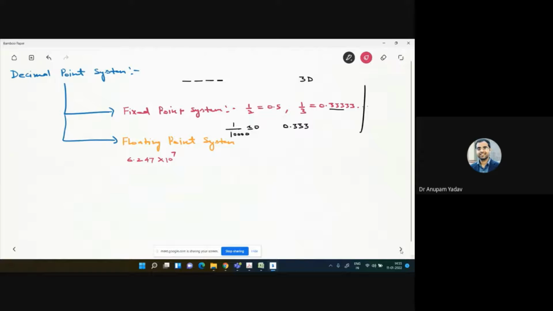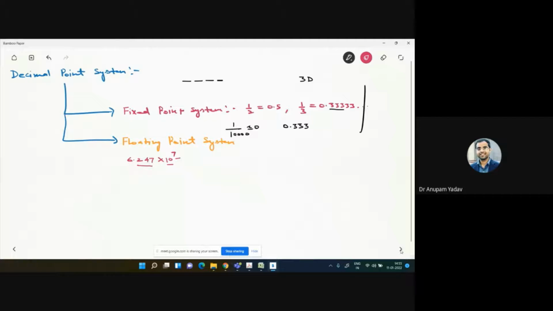This is the number representation. We call this particular system, or this particular architecture, a floating point system. It has various parts. इस पार्ट के अपने अलग मतलब हैं, इस 7 का अपना अलग मतलब है, and this 10 has a separate meaning.